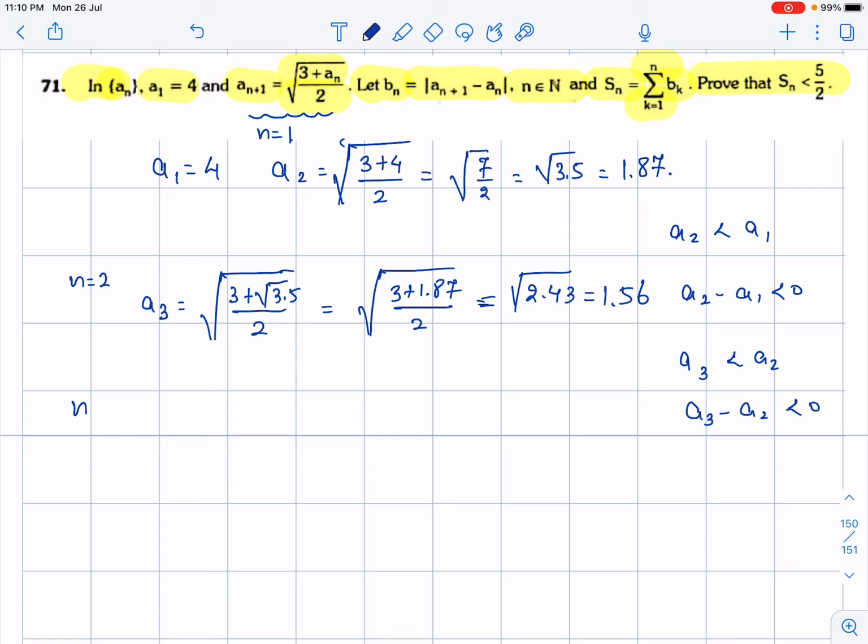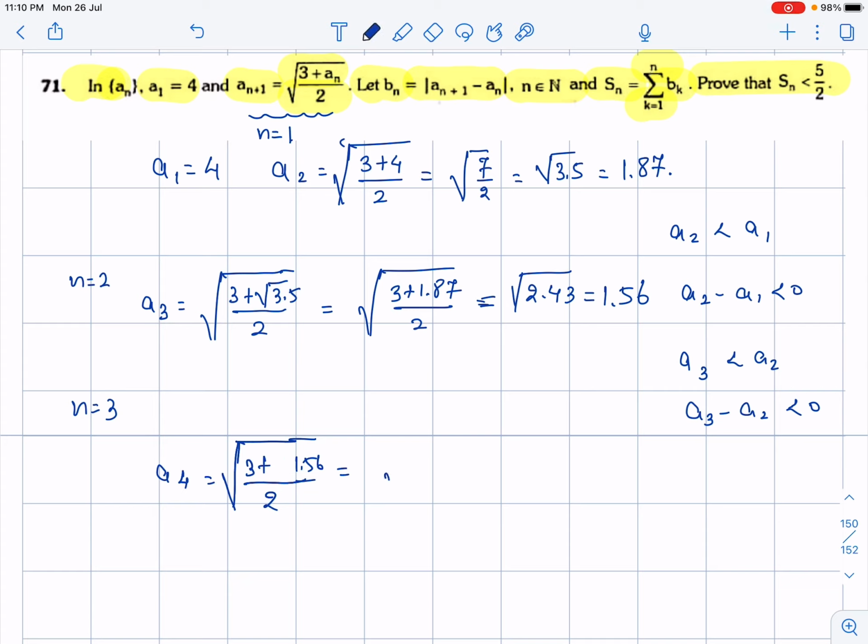Now when n is equal to 3 is substituted in this equation, what can be achieved by us? a4 is equal to square root of (3 plus square root of 1.56) divided by 2. So what will be the final value of this thing? Not square root, directly 1.56 we would have to write.